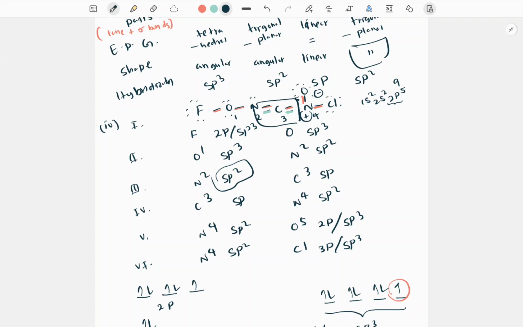Two double bonds. Now you know this is the carbon, surrounding it you have two sigma bonds and 2 pi bonds.